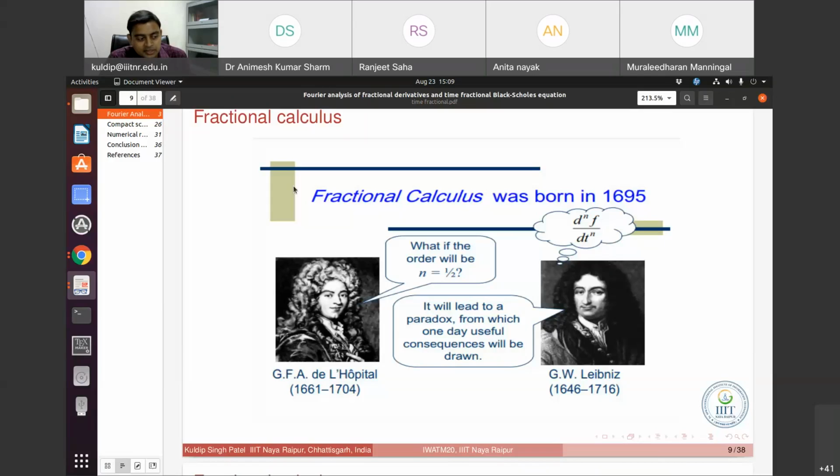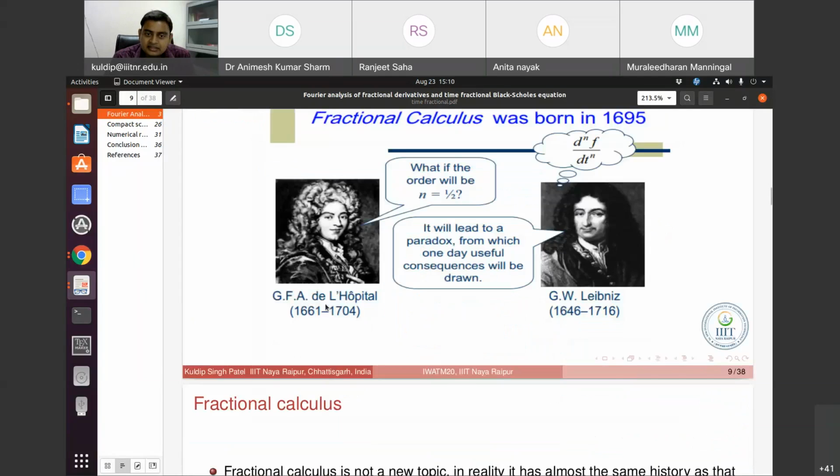L'Hospital asked, what will happen if n equals half? Leibniz could not answer that at that time, but he said one very important thing: that it will lead to a paradox from which one day useful consequences will be drawn. That means if someone is able to explain this for fractional order, it might be very useful for our research and practical applications. This is a well-known story that I have shared here.